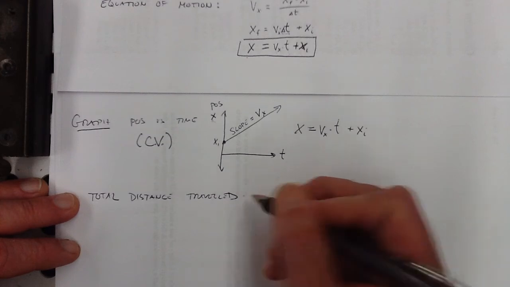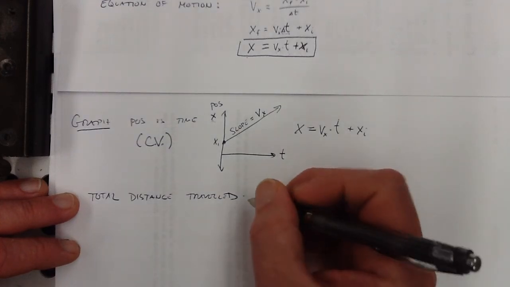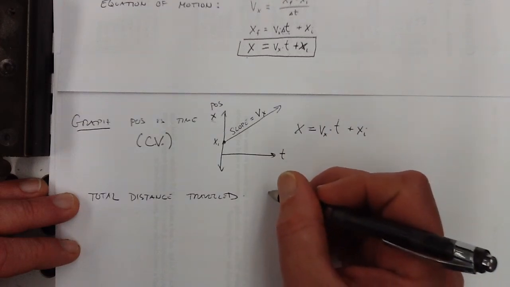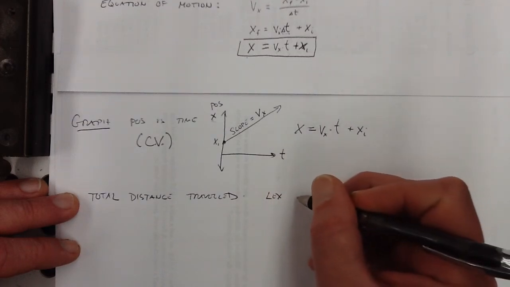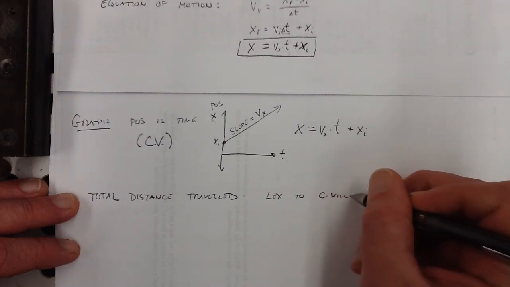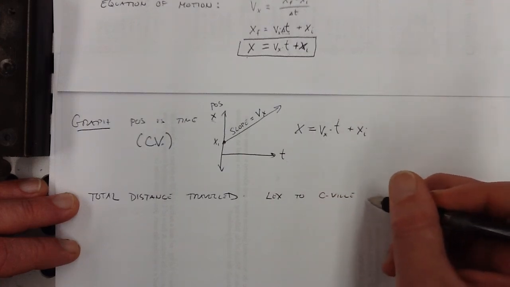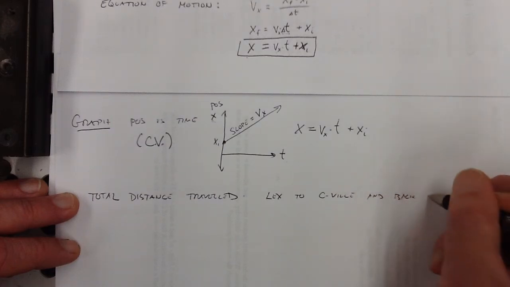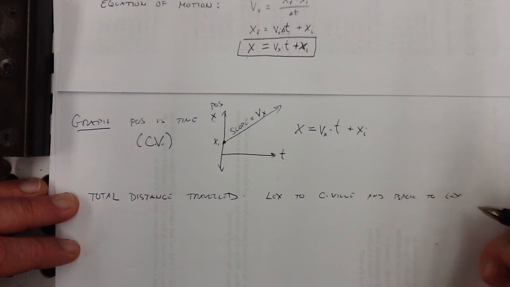So if you went from, let's say, Lexington to Charlottesville and back to Lexington.